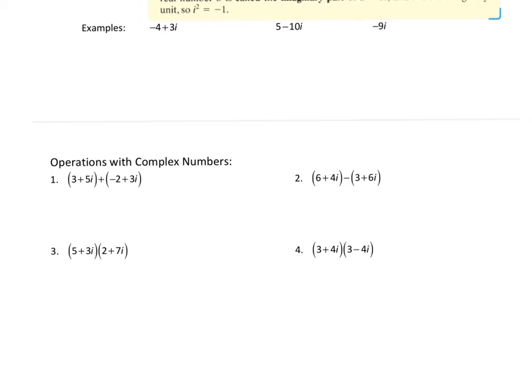We always write complex numbers in the form a plus bi, where a is the real part and b is called the imaginary part. So in this example, negative 4 plus 3i, negative 4 is the real part, and 3i is the imaginary part.